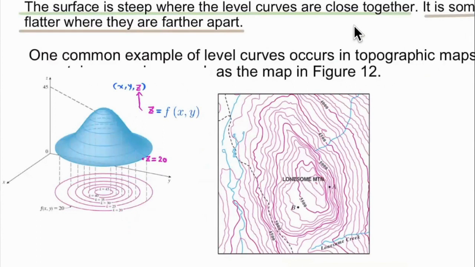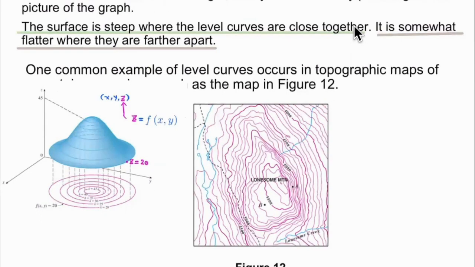The k values are incremented by 5, right? And if the level curves are close together, for example over here, they're kind of close together. And over here, the level curves are further apart. When the level curves are close together, that means the surface is steep.